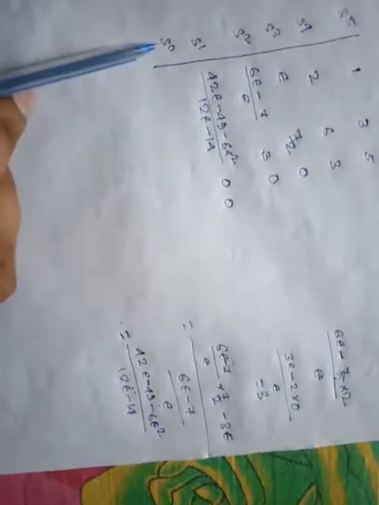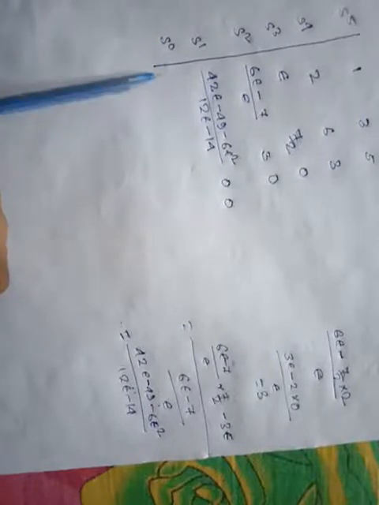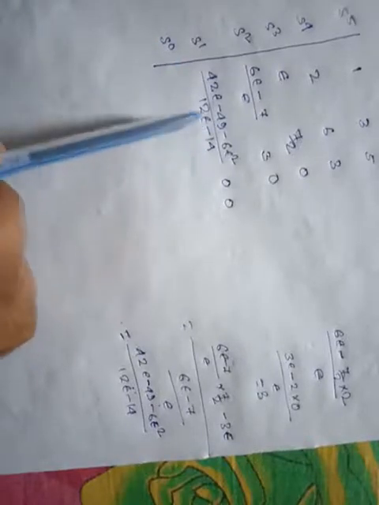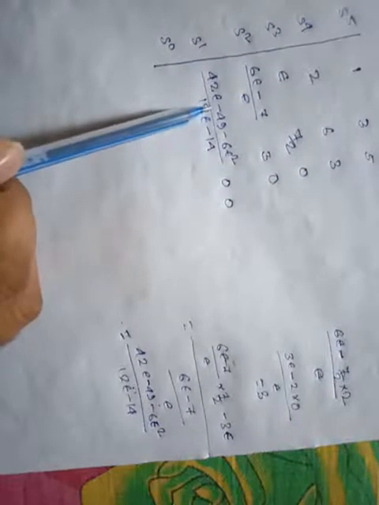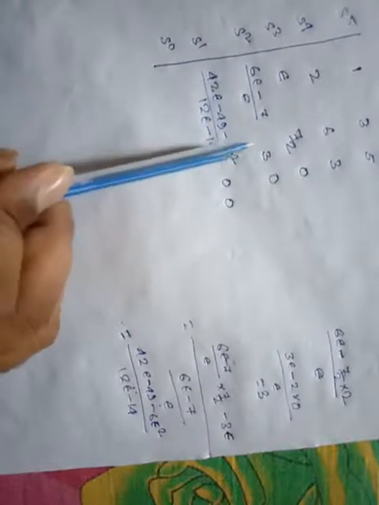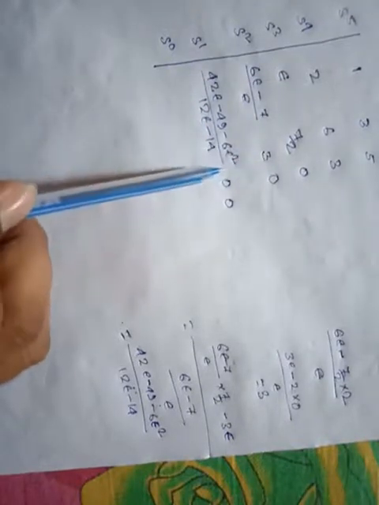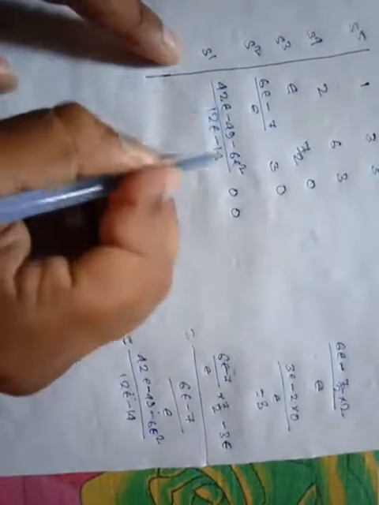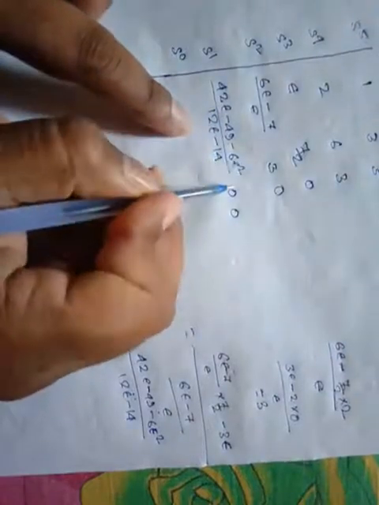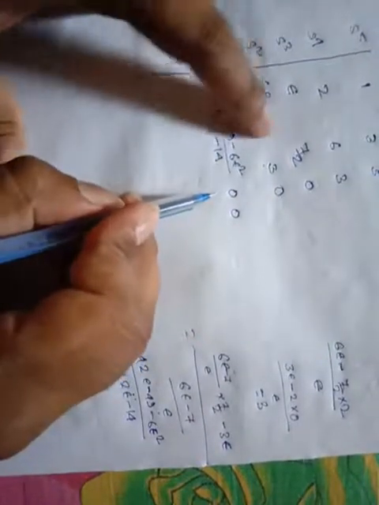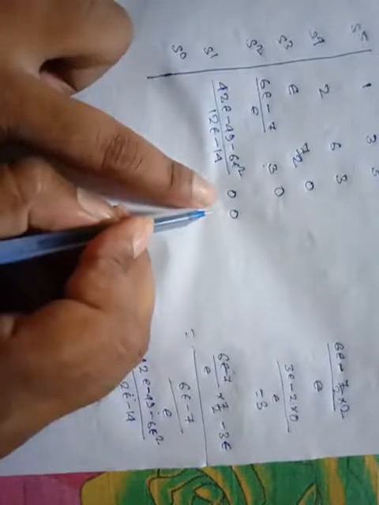Next is for s to the power 0. This portion is multiplied with 3, minus this portion is multiplied with 0.